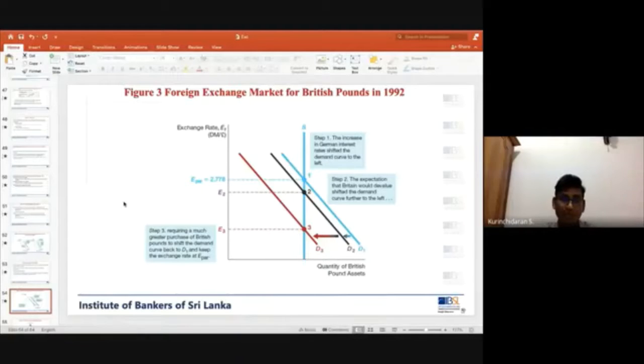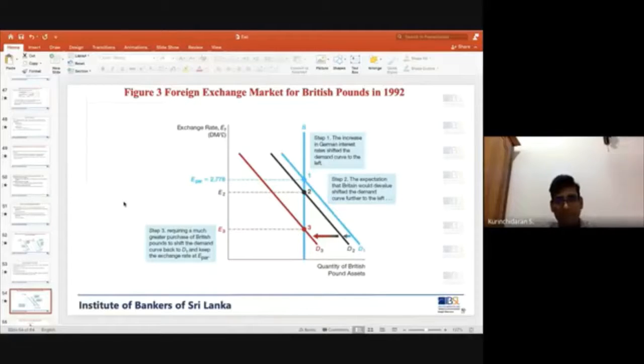So now what's the problem? Step 3 requires a much greater purchase of British pounds to shift the demand curve back to D1. So the British have to purchase more pounds from the market to pull this exchange rate back to E-PAR.